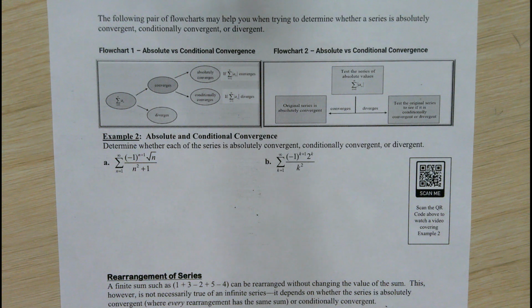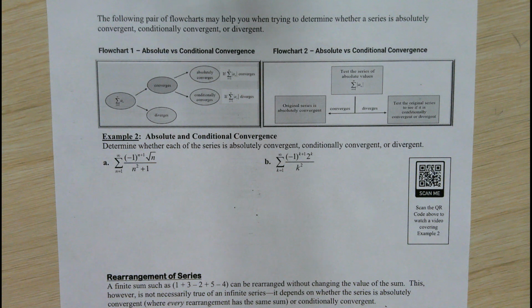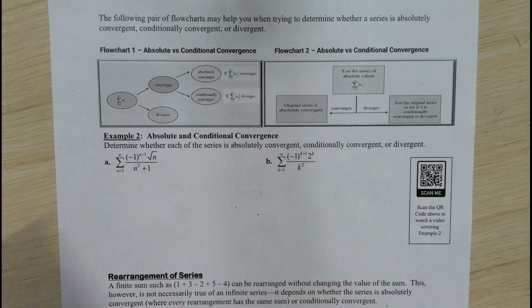Okay, so we've got the same instructions as before. Determine whether each series is absolutely convergent, conditionally convergent, or divergent. And honestly, now that we know about absolute versus conditional, that's pretty characteristic that you'll want to distinguish between what kind of convergence you're deciding on. I'm going to start with absolute convergence because that's just the way that my brain works best.